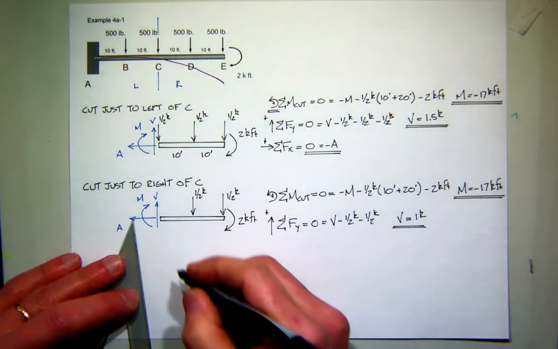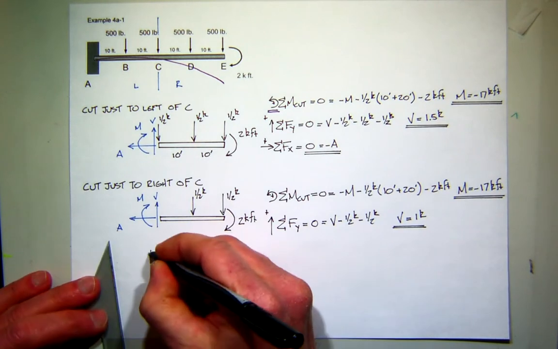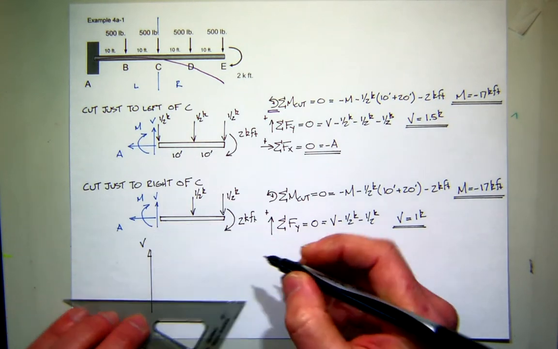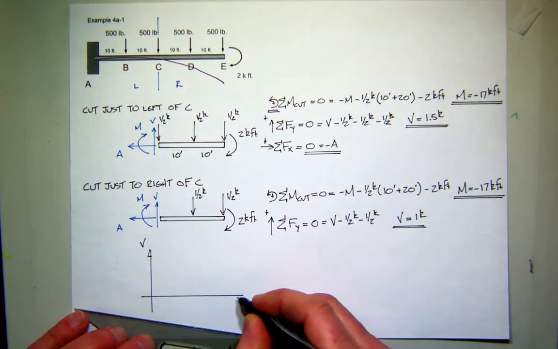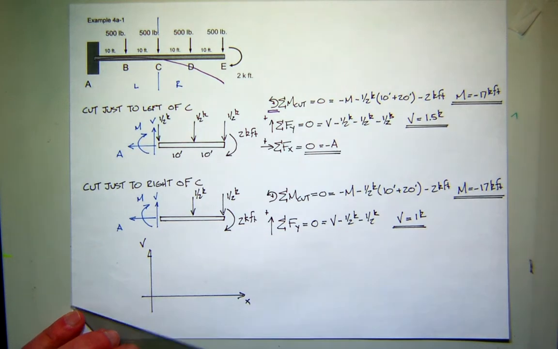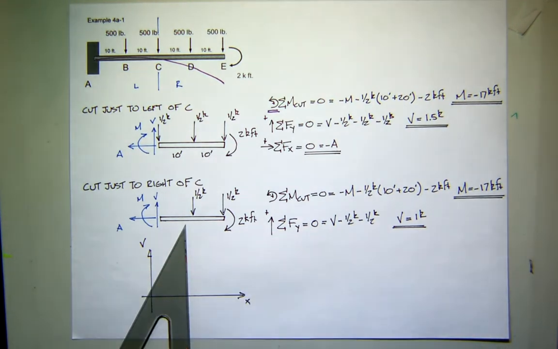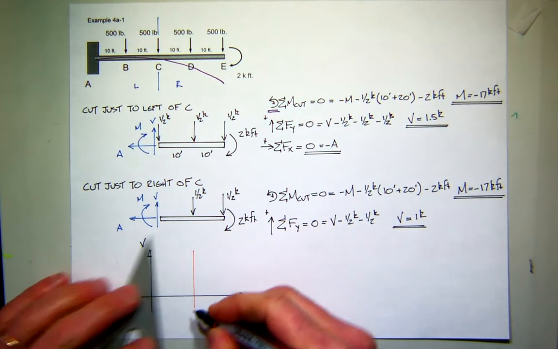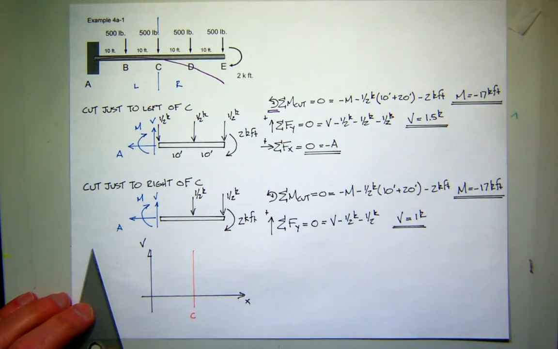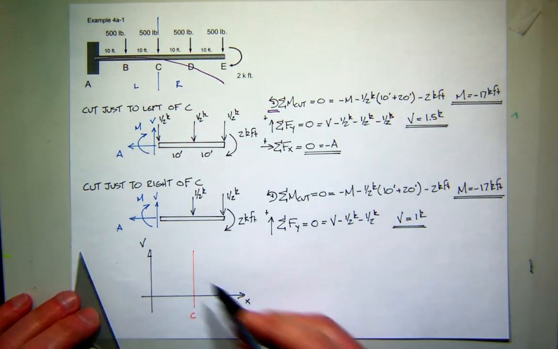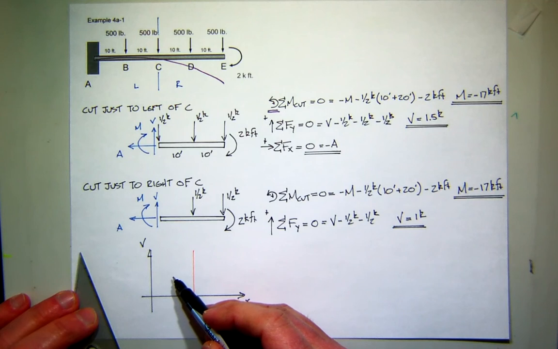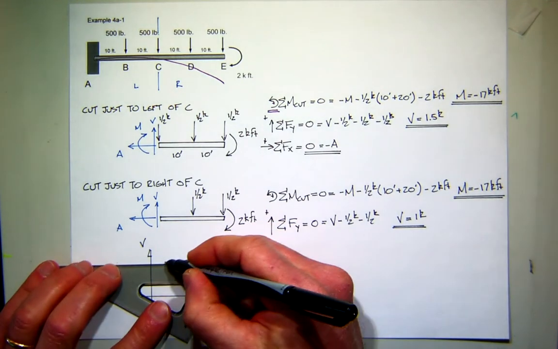So if I made a plot of the shear versus the length of the beam, and I'm looking for it changing, let's say, just at this point C, what is the shear on the left side of C? 1.5.